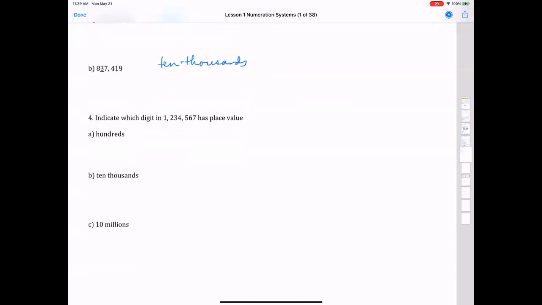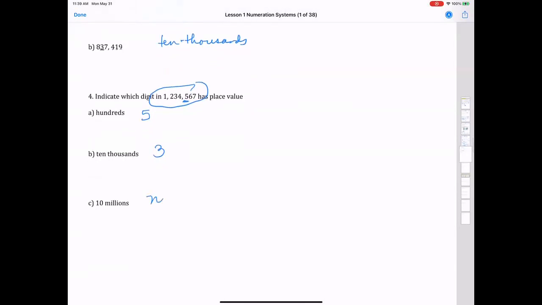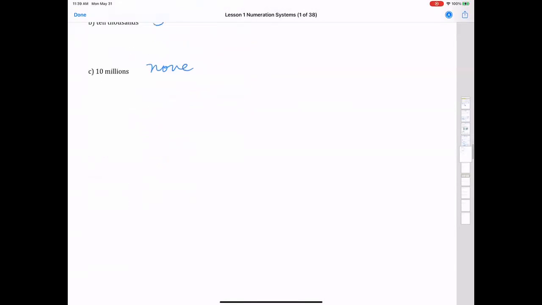Indicate which digit in this number has place value of hundreds. What do you think? Correct, that's a 5. How about 10,000s? That's a 3. How about 10 millions? None. We don't have any digit in the 10 millions. So the answer is none.